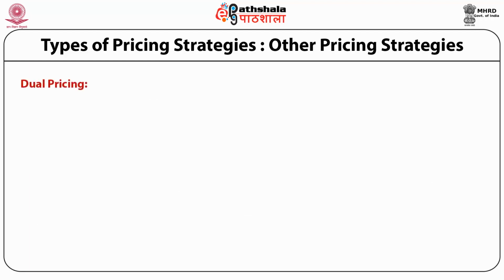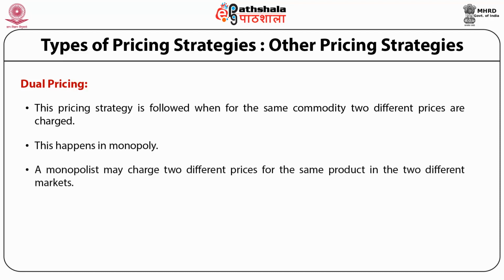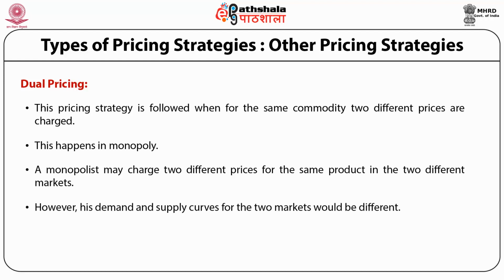Dual pricing. This pricing strategy is followed when, for the same commodity, two different prices are charged. This happens in monopoly. A monopolist can charge two different prices for the same product in two different markets. However, his demand and supply curves for the two markets would be different.